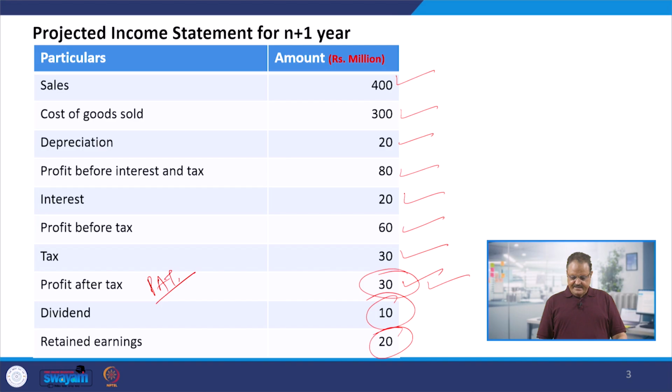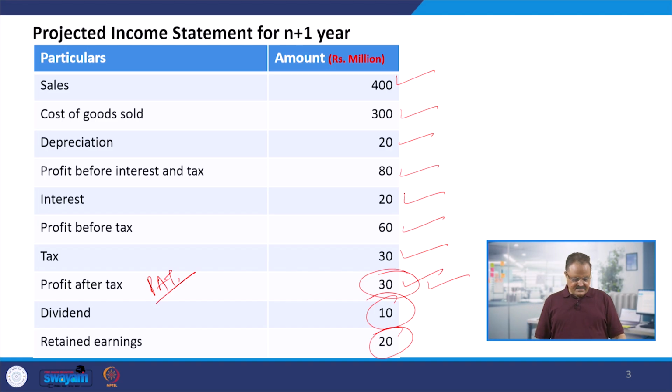By preparing the cash flow statement, we simply want to know how much of this profit after tax of 30 million is in cash and how much is in credit. If the larger part of the profit is in cash, then the firm is doing a good job, but if the larger part of the profit is non-cash, there is no point earning this kind of profit, and we should sell less but sell more and more on cash.